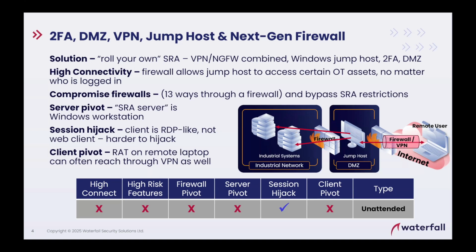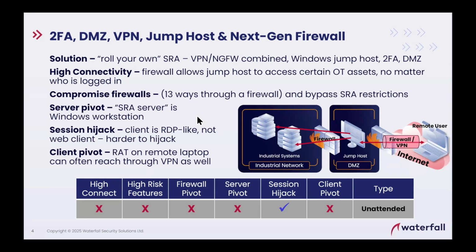If you're stealing passwords, it is relevant that the two-factor is enabled on the VPN or on the jump host. So this is the roll your own, the most common kind of remote access. And with respect to these attacks, I know it may be secure with respect to other attack scenarios, but with respect to these attack scenarios, it's not that strong.